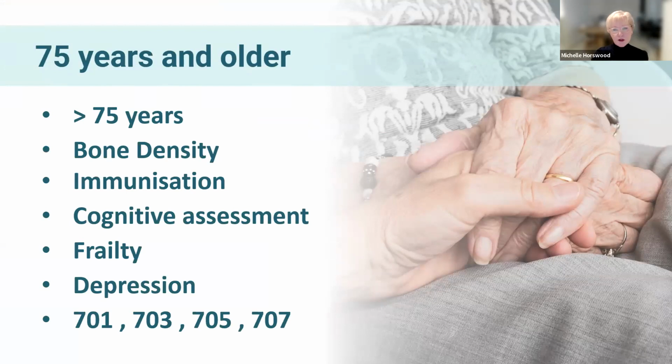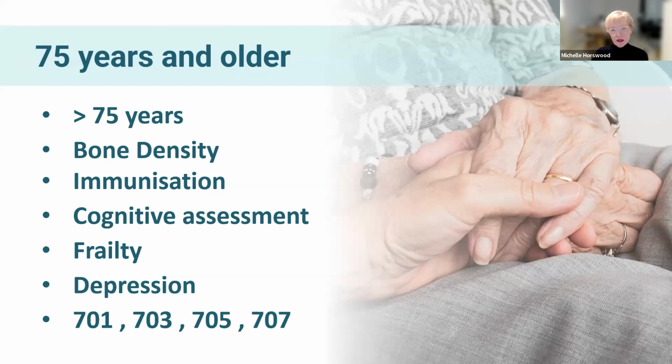So the person has to be over 75 years. Two things that I find are underserviced in people of this age group are that they haven't had bone density testing, and they're under-immunized. So if you are doing a 75 plus health assessment, even though it's not on the listed criteria, could you please think about, has this person had bone density?